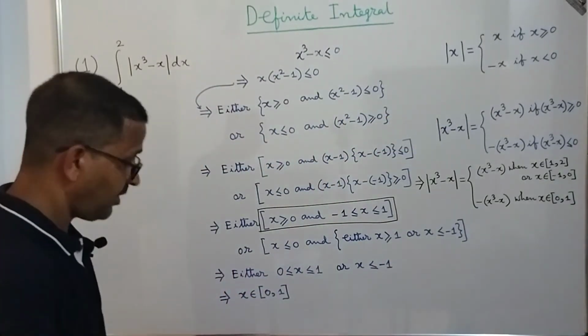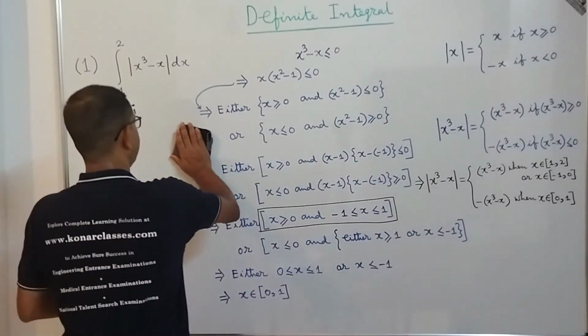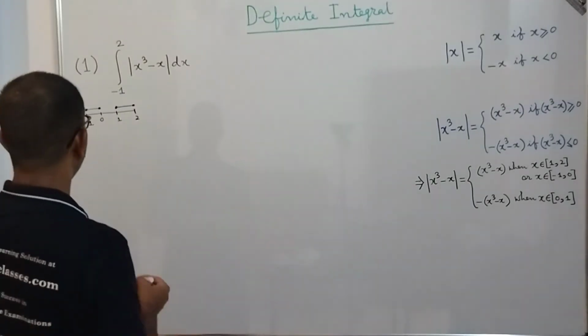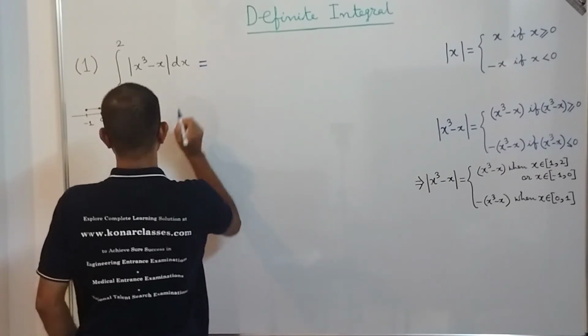Okay, now our computation of this integration is pretty simple. So what we are going to get from here, dear students, is that we break it into three different subintervals.